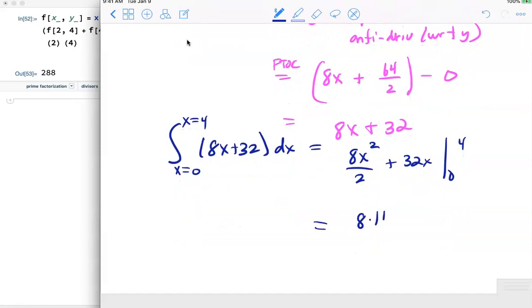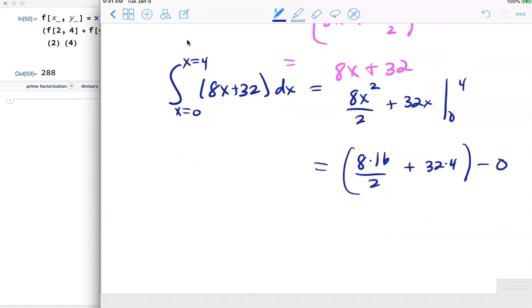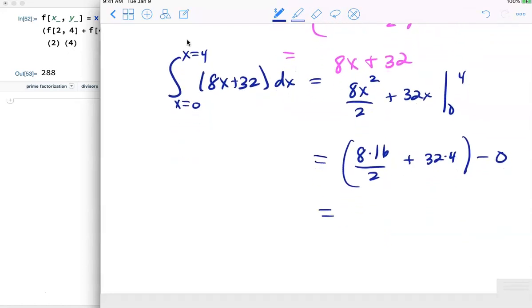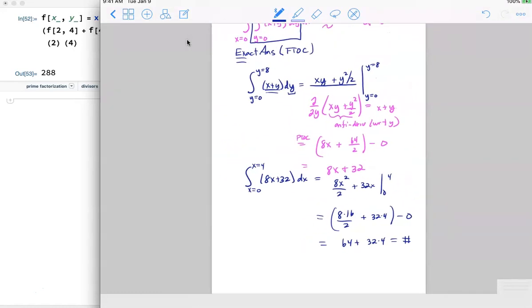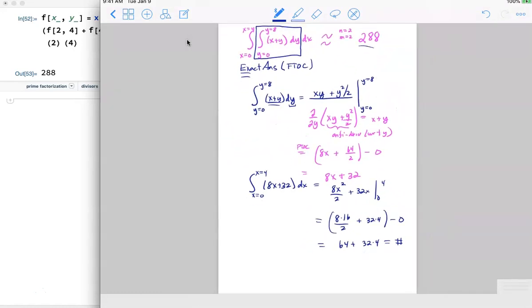So that will give 8 times 16 over 2 plus 32 times 4 minus 0. So what is that? 64 plus 32 times 4, whatever that number comes out to be. Okay, it's a big number, kind of like 288 was a big number.